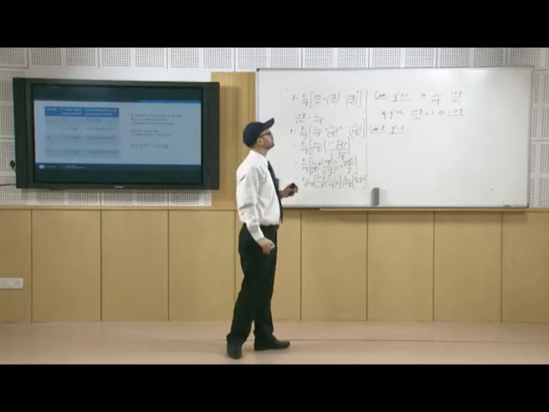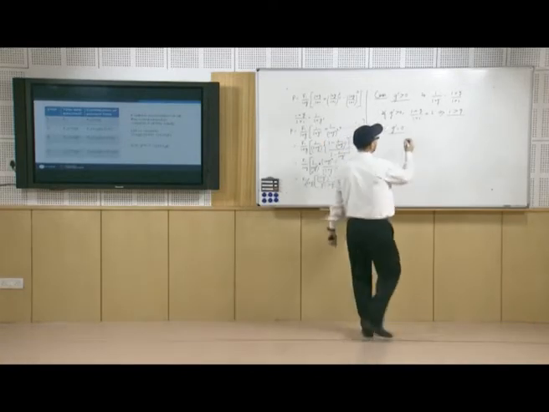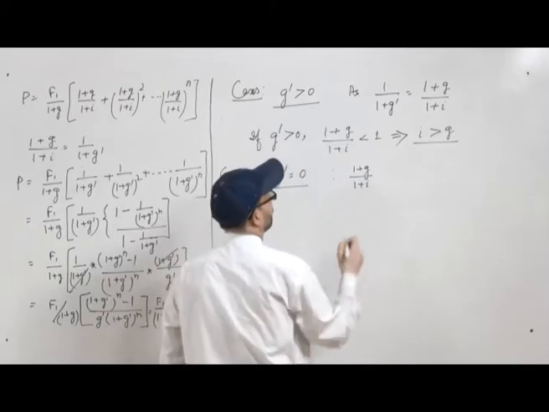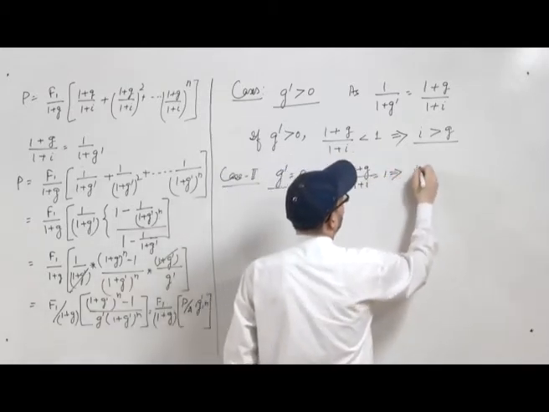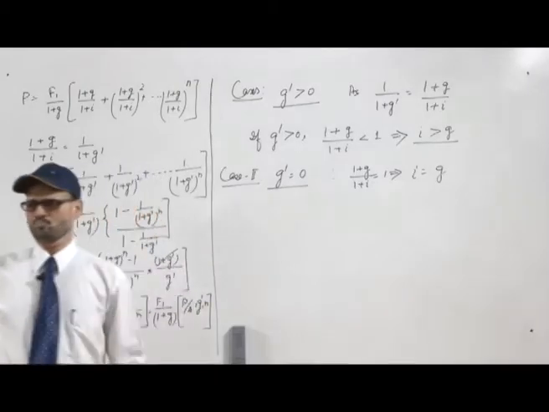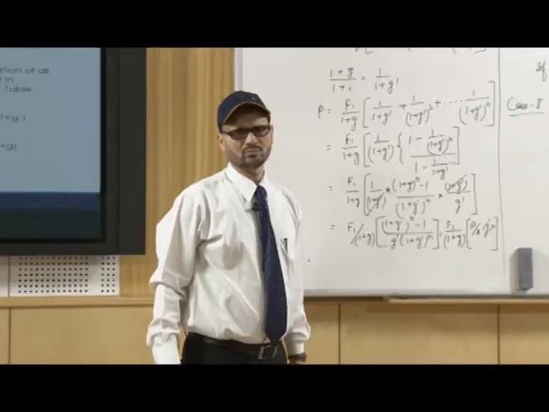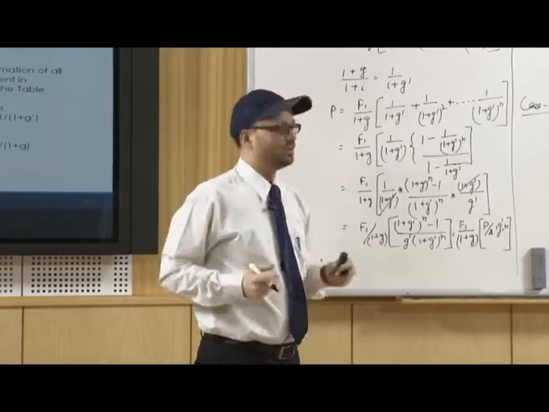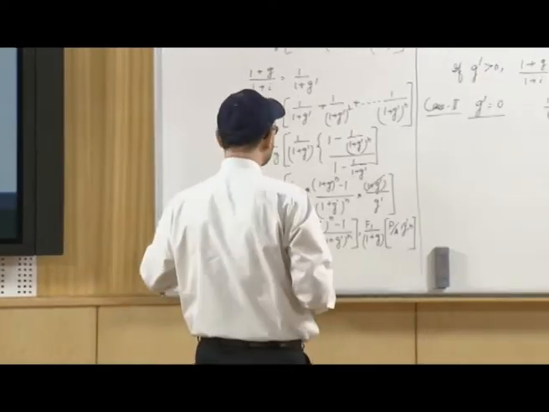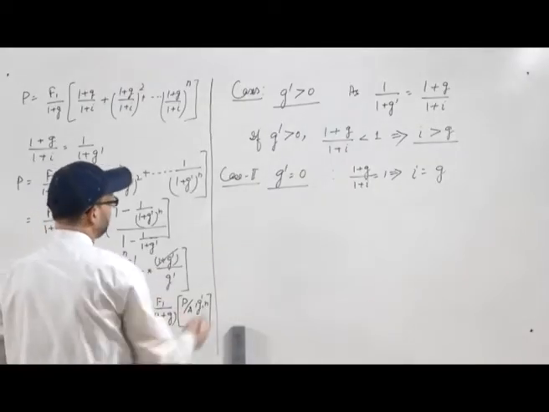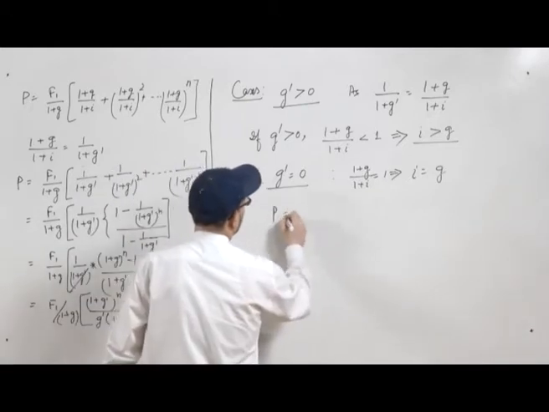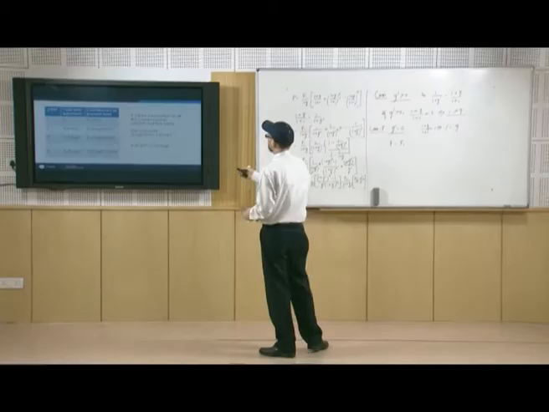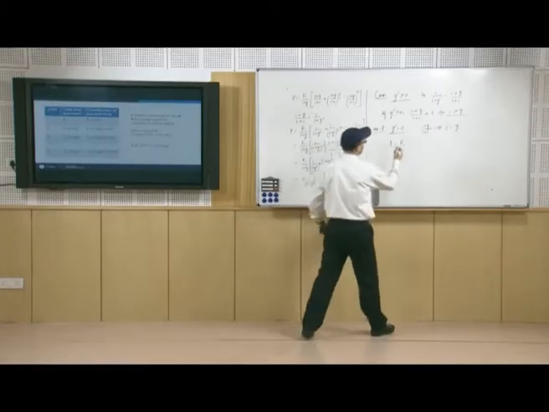When g prime is equal to 0, in that case 1 plus g by 1 plus i will be 1. This implies i will be g. Now, in this case, when i and g are equal, your g prime becomes 0. Now, in this case, as we see, P will be f1 multiplied by n over 1 plus g.